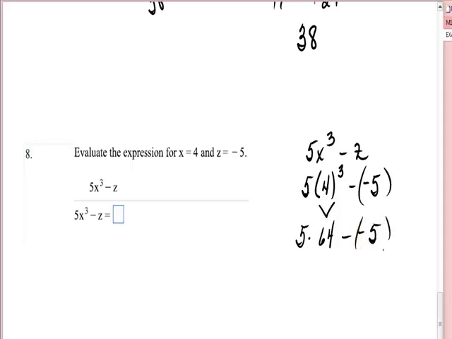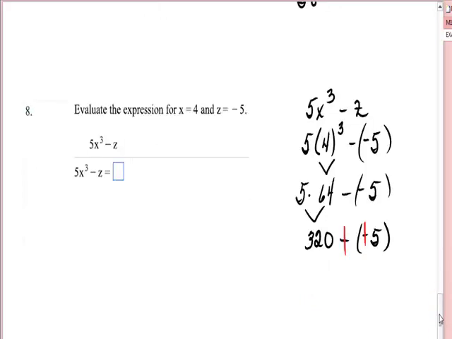Product comes next. So I will make sure that I use my calculator to multiply 5 times 64. That gives me 320 minus a -5. Subtraction, always with subtraction. Red pen. Keep, change, change. The addition rules say that those are both positive, so you're going to add them up for 325. So we are using our order of operations and our rules with positive and negative numbers in every problem. All right, hope that works.